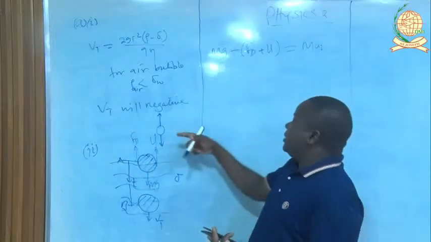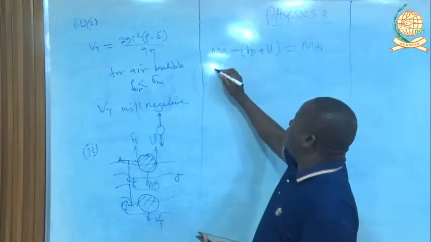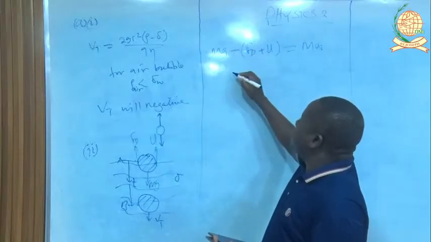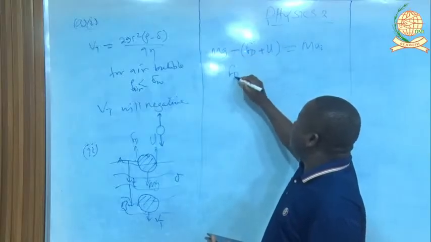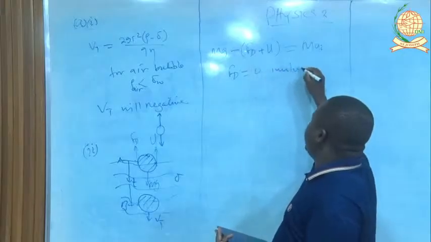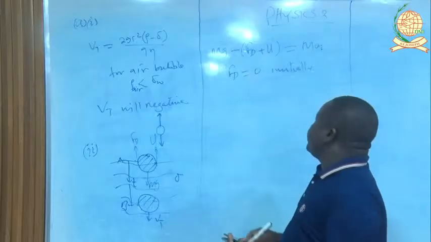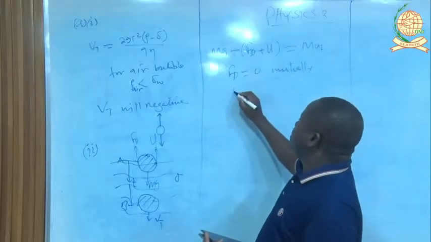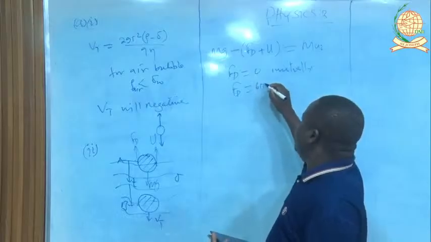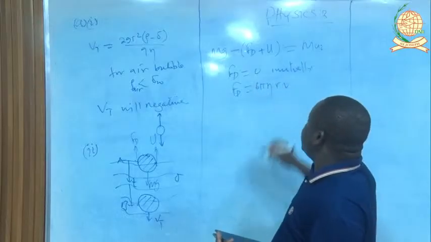But this drag force, according to Stokes' law, initially is equal to 0. Why is it 0? Because this drag force depends on the velocity.